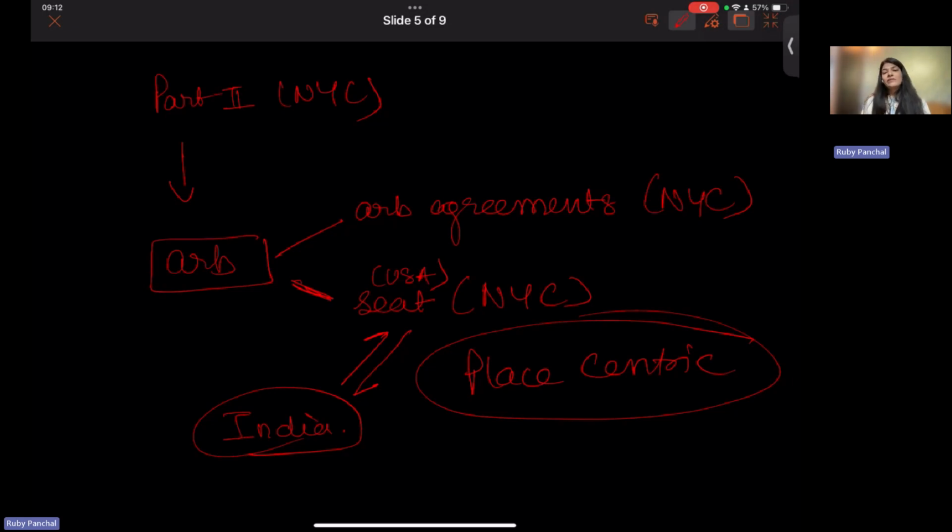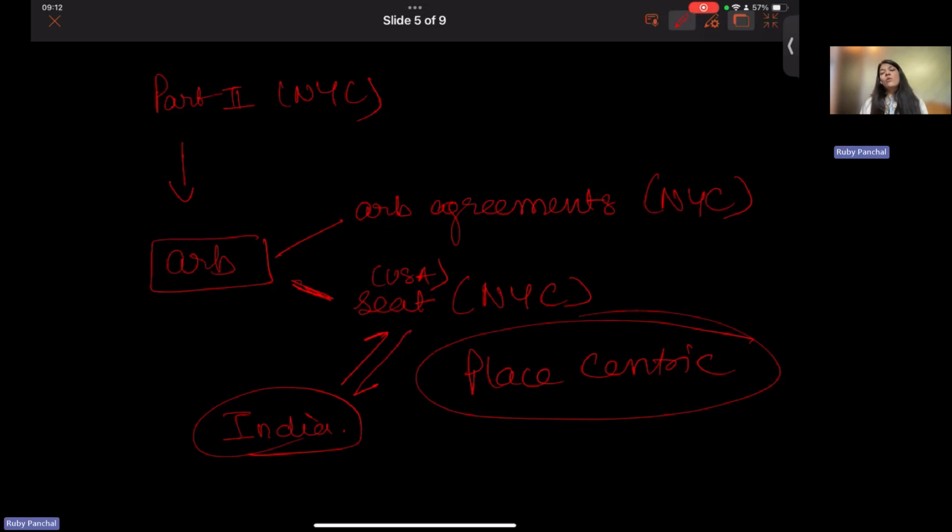So all that matters in enforcement of this foreign award is the place from which this arbitration is happening or the place from which this award is arising.